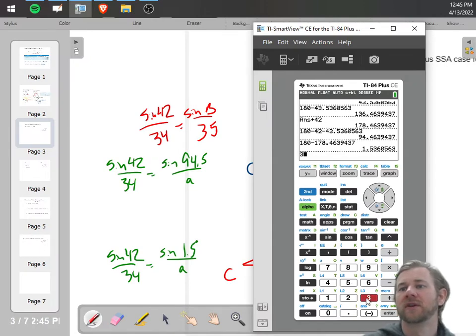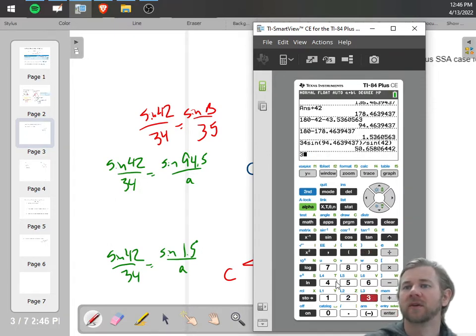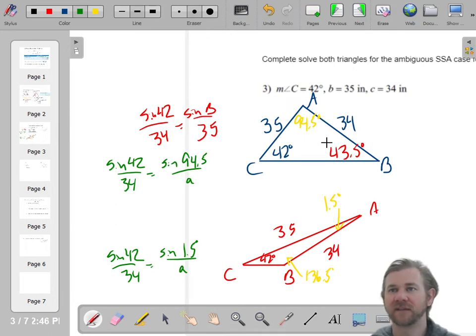We'll do 34 times the sine of that 94.5 angle, don't round, divided by the sine of 42. And that's one of them, or 34 times the sine of the 1.5 angle divided by the sine of 42. So either little a is 50.7 or 1.3.